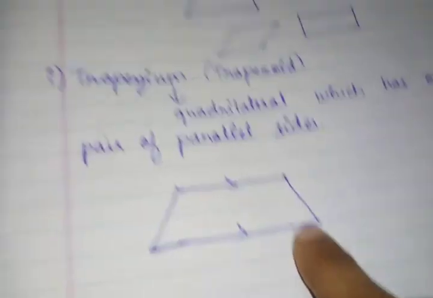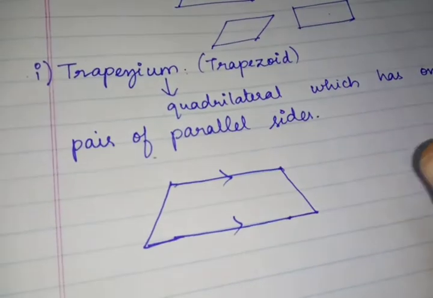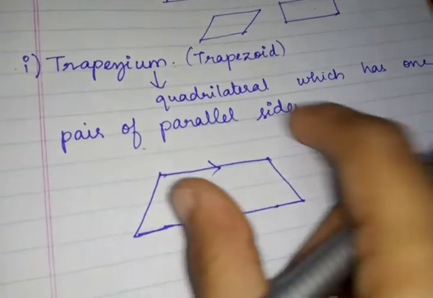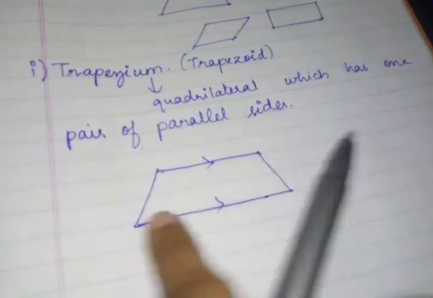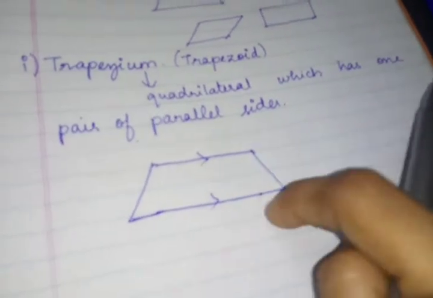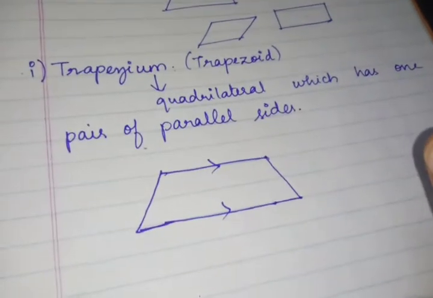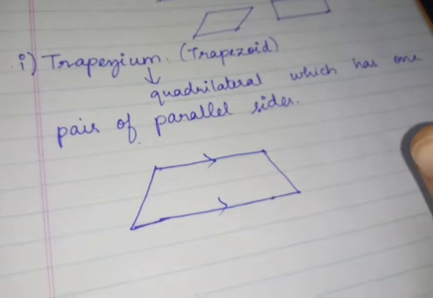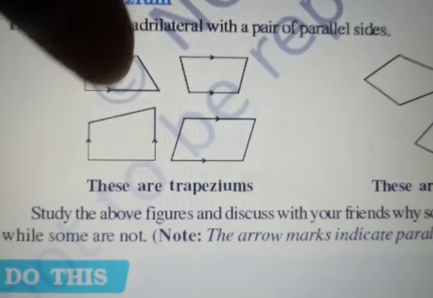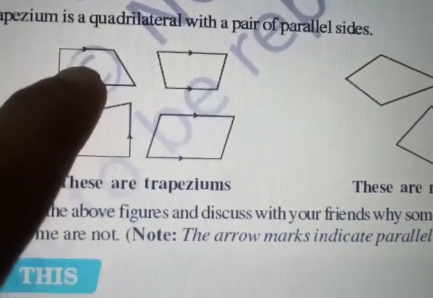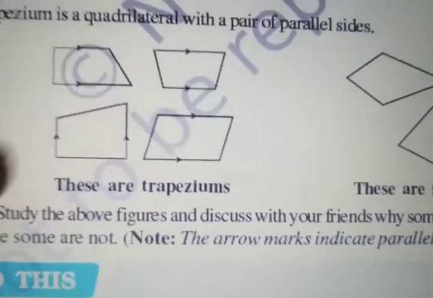So listen children, it is a quadrilateral, but the only condition is a pair of parallel sides. Pair means two. So this is one side, this is one side. These two sides are parallel to each other. So that is what is explained in your trapezium. See here, this is a trapezium because this side and this side are parallel to each other.